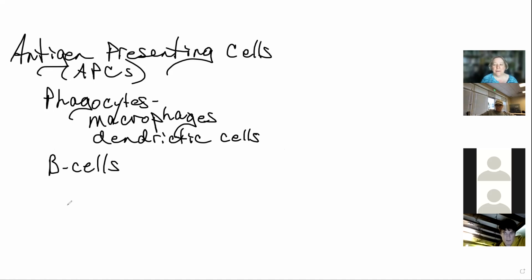So later on, we're going to talk more about what B cells do in their capacity as an antigen presenting cell. Okay. Now, let's go ahead and talk about B cells. Okay, B cells, besides being antigen presenting cells, okay, also, once they are activated, are capable of making antibodies.